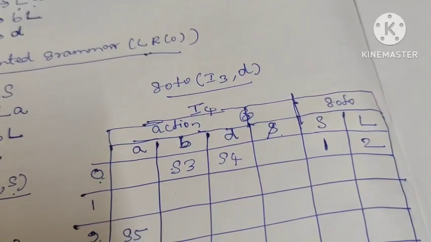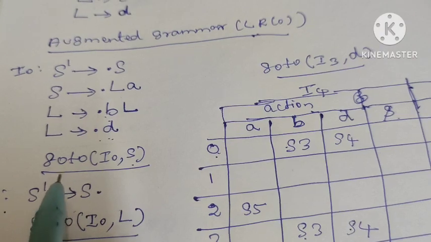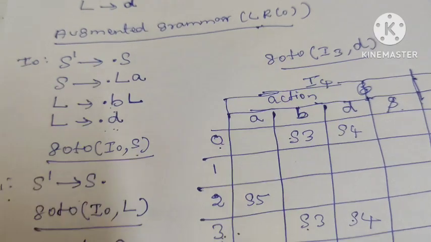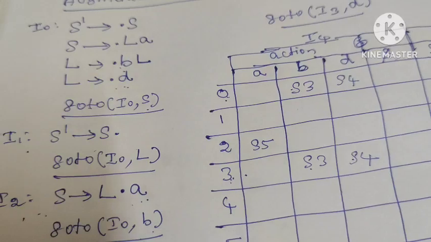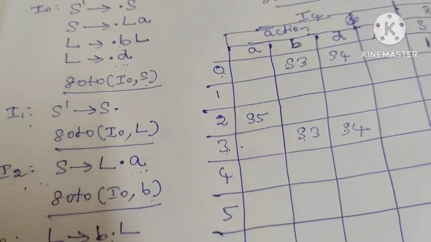Now we have processed all the dots before all non-terminals in item set 0. So come to item set 1. In item set 1, we don't have a dot before a non-terminal. We will simply skip it. Now, in item set 2, we don't have a dot before a non-terminal. So we can skip that also.